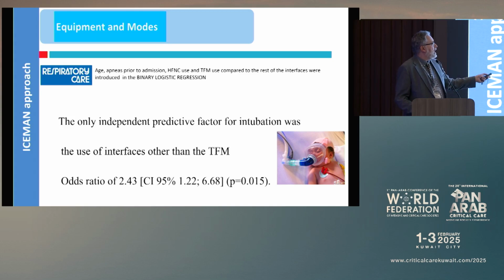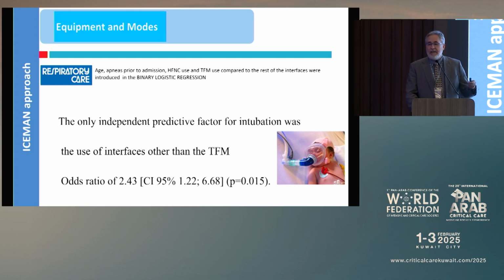We looked at age, apneas, and the previous use of high-flow nasal cannula in the general ward, and we ended up with only one thing that really made sense. When you are using other interfaces instead of the total face mask, you have an odds ratio of failure of 2.43. That's this 20% increase in the intubation rate when you are not using it.